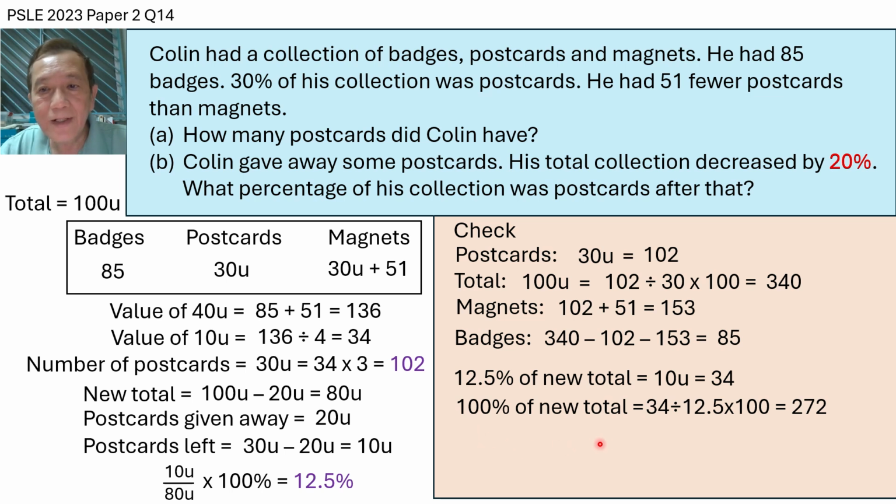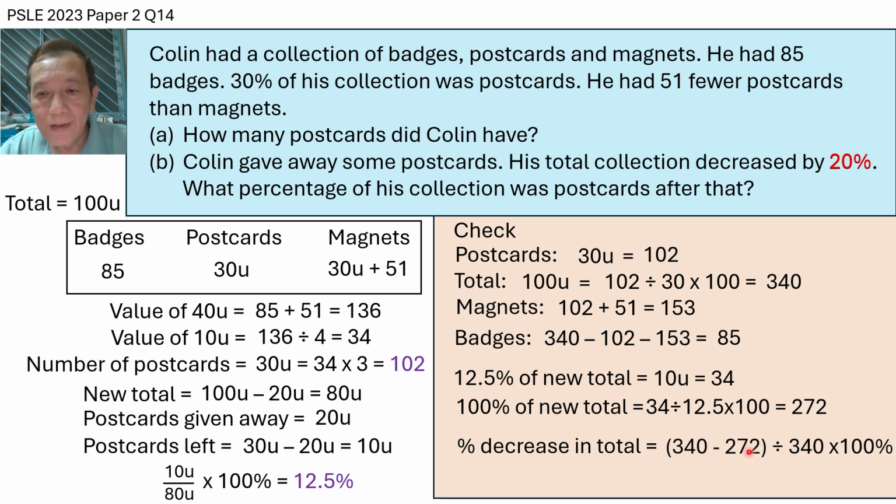What is the decrease in percentage? When we reduce 340 to 272, the percentage decrease in total is 340 minus 272 divided by 340 times 100%.